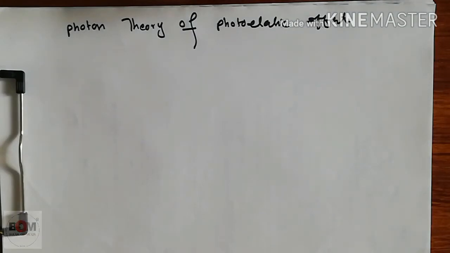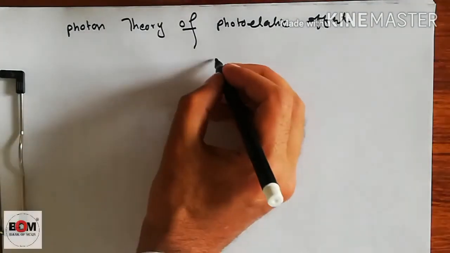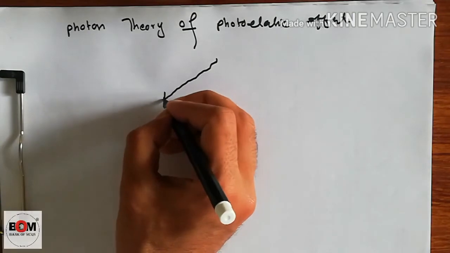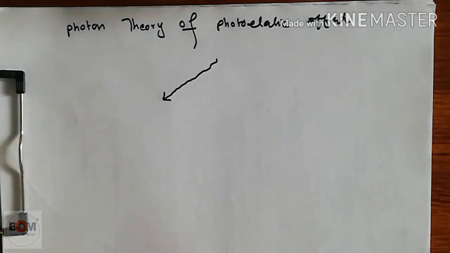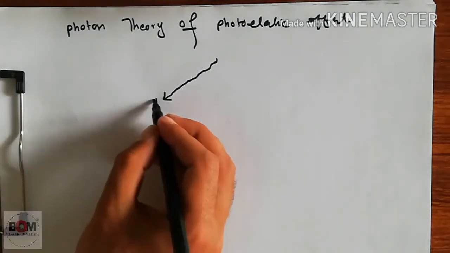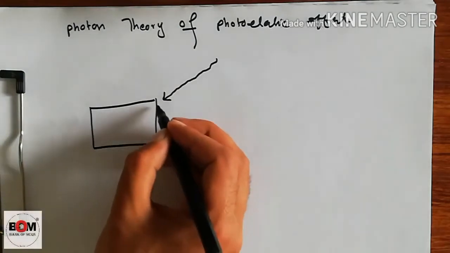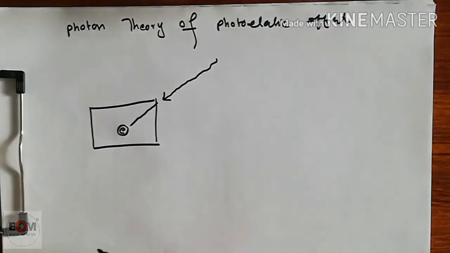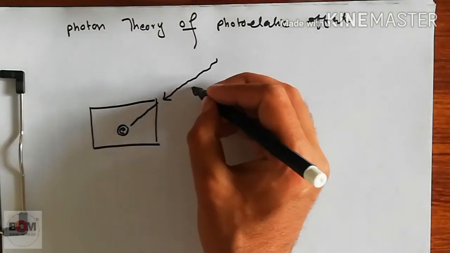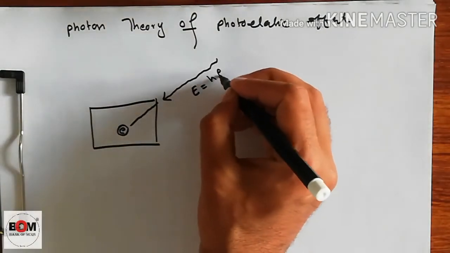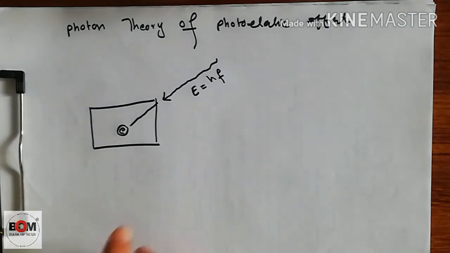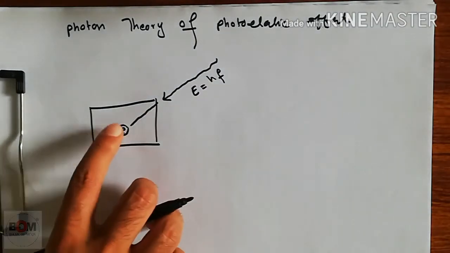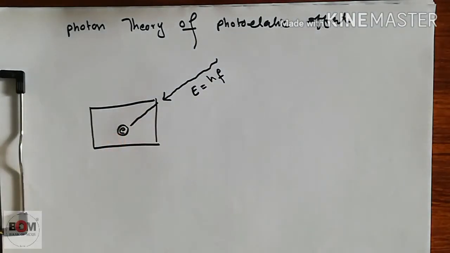According to this, when light comes and hits a metal, the light must have energy equal to E, which is Hf. So where will this energy go? The electron will absorb this energy and will come out of the surface.